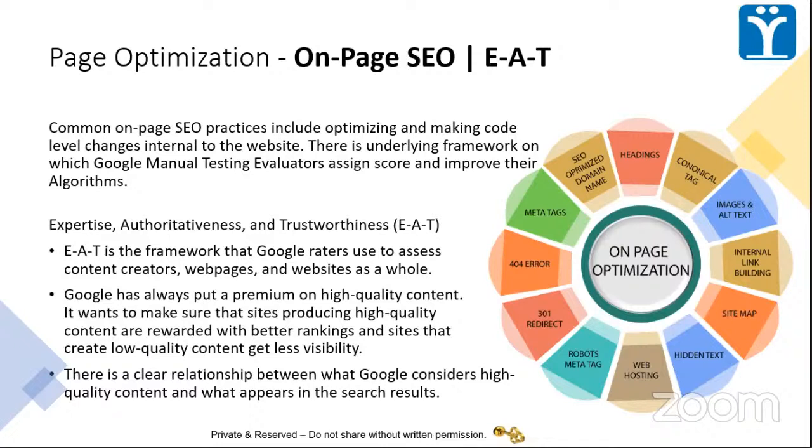So let's start with, say, an SEO optimized domain name. What we are saying here is that we want to make sure that either we are creating a website based on a brand name, which can be anything, say Google. It's a brand name, right? It doesn't have any keywords like search engine.